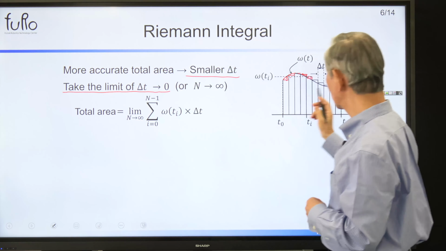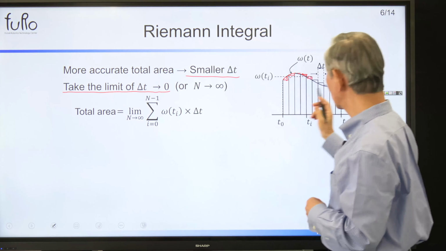Incidentally, before the limit, this one is called the Riemann sum, because you are summing up lots of different terms. And when you take the limit, it becomes an integral. So the sum becomes an integral when you take the limit. After all, this is the integration you know. That's the important part.